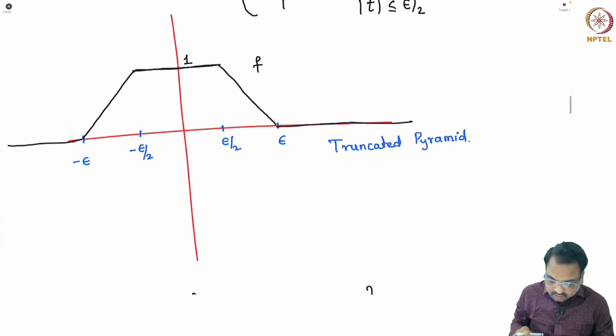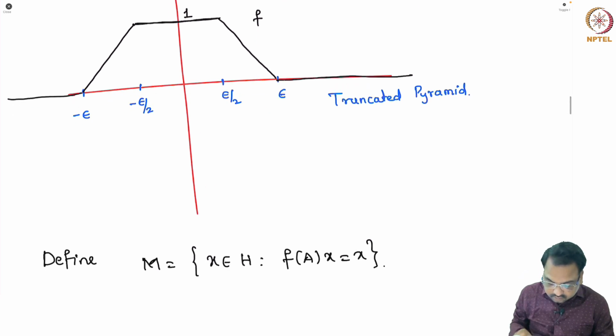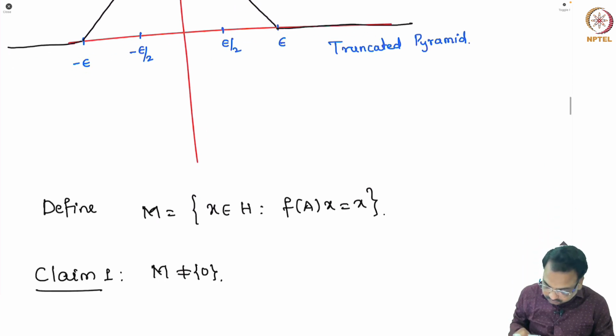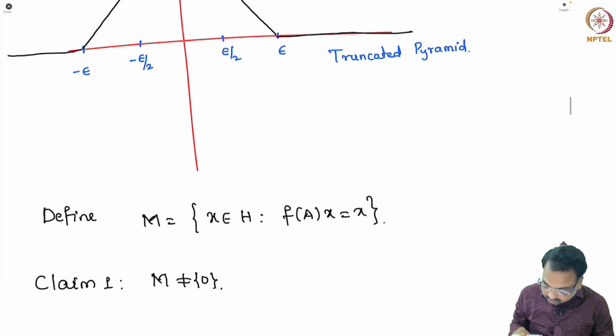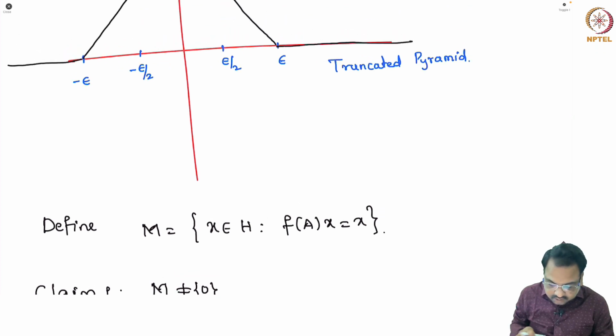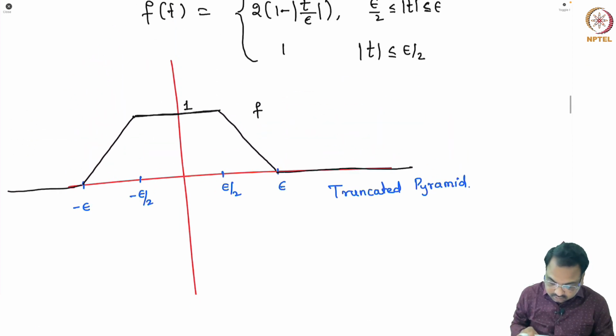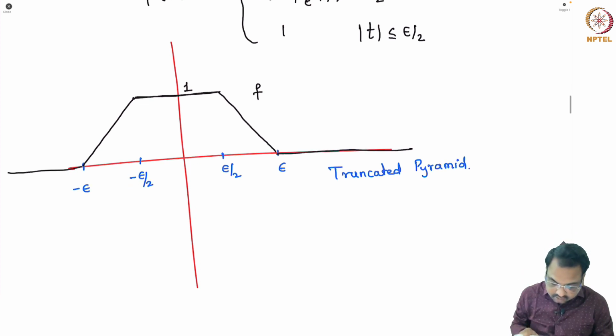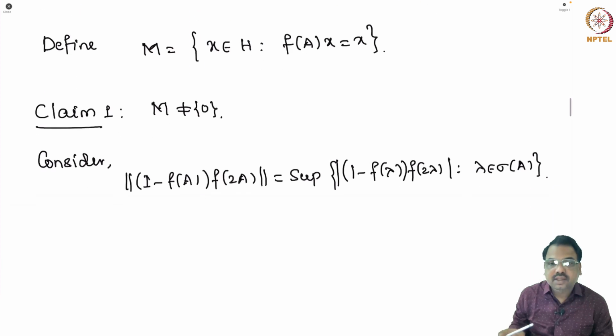When t is in between epsilon by 2 and epsilon, then f of 2 lambda: when lambda is bigger than epsilon by 2, 2 lambda becomes bigger than epsilon. So on one side it is bigger than 2 epsilon, on the other side it is smaller than minus 2 epsilon. Hence, the function value becomes 0 in both cases.